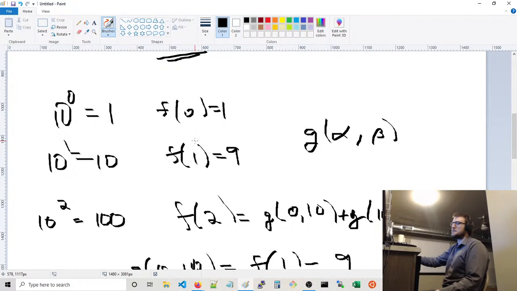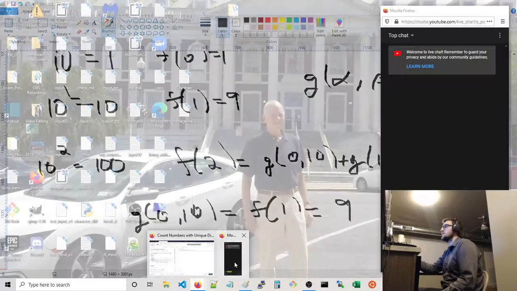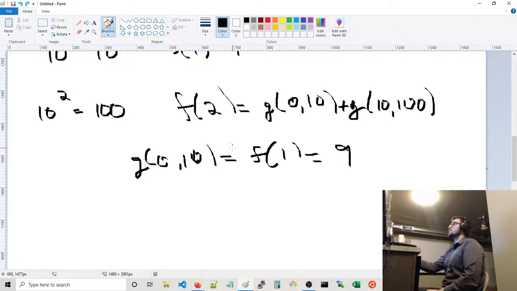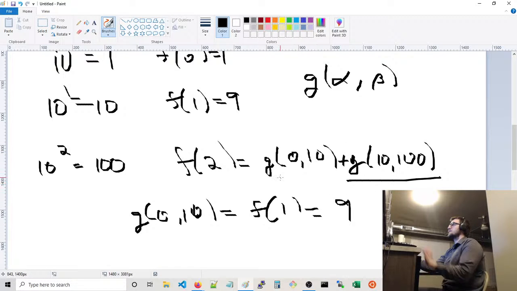This is sort of a recursive definition, or not really recursive, but we can carry over our results. And there is a relationship between g of 10 to 100, or f of 2, and f of 1, and g of 0 to 10.